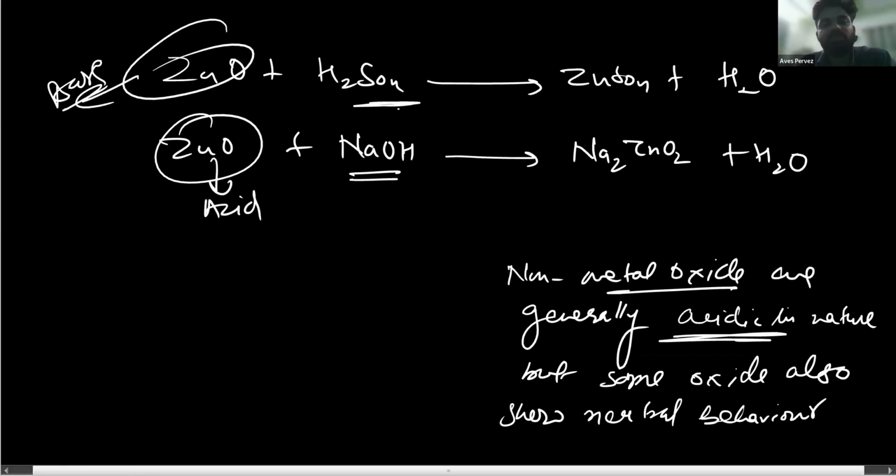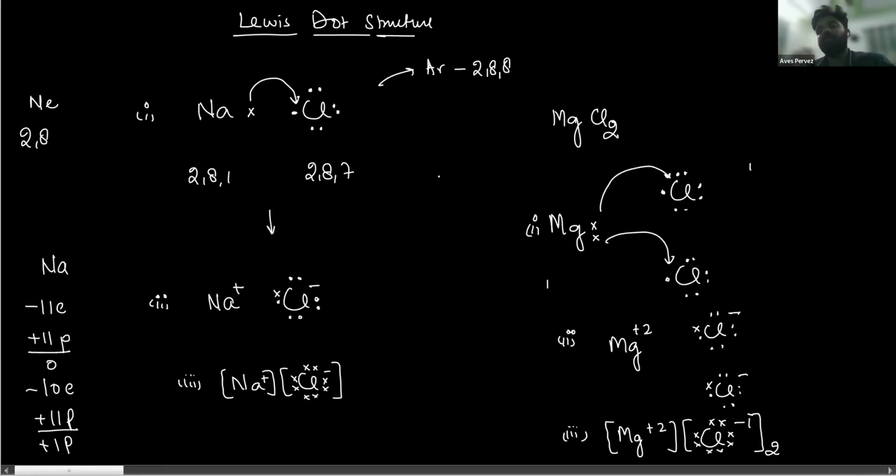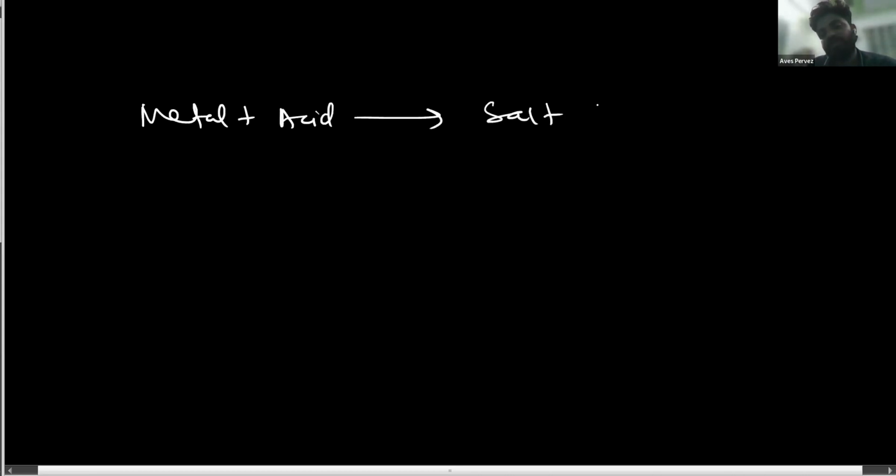So let's move further. What I have written here is that non-metal oxides are generally acidic in nature, but some non-metal oxides show neutral behavior also. Now we are going to discuss one more property. We have said that metals react with acids to form salt plus hydrogen gas.